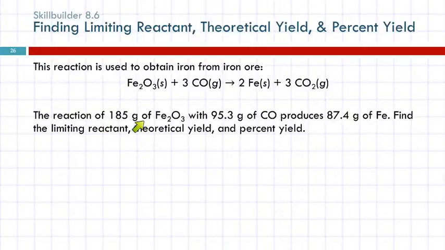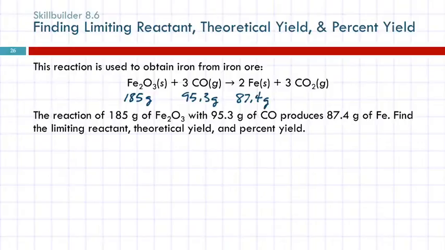So 185 grams of Fe2O3, and 95.3 grams of CO, and 87.4 grams of iron. And it wants limiting reactant, theoretical yield. Okay, we've been doing those sorts of problems. And it also wants the percent yield.